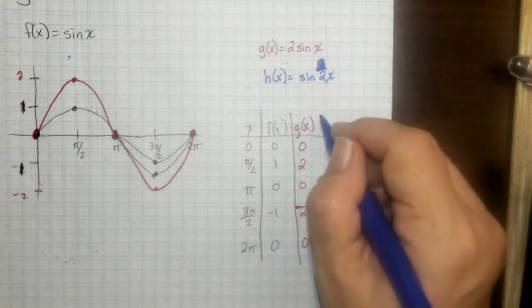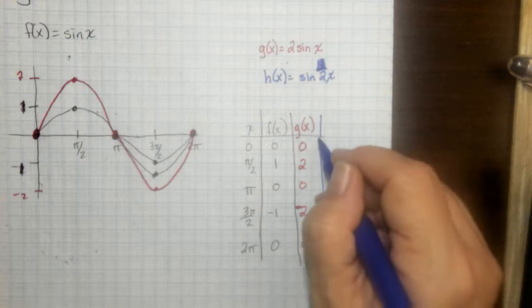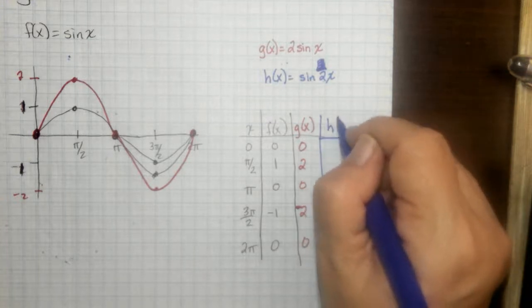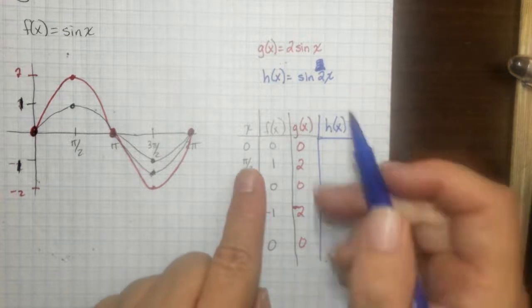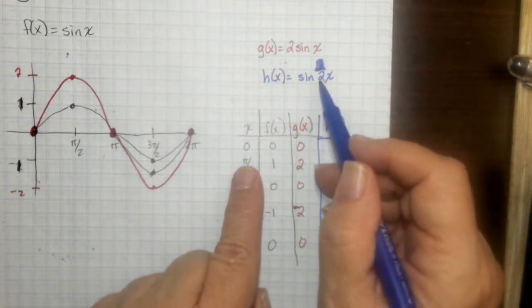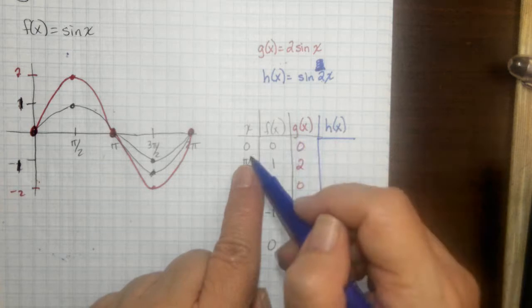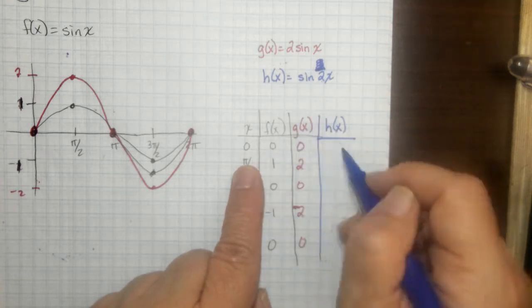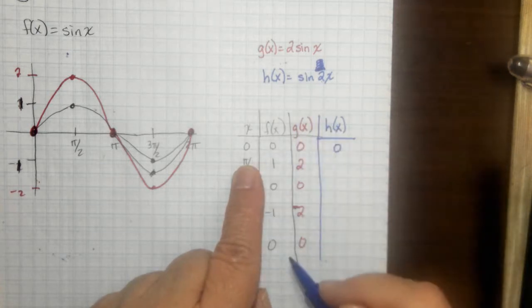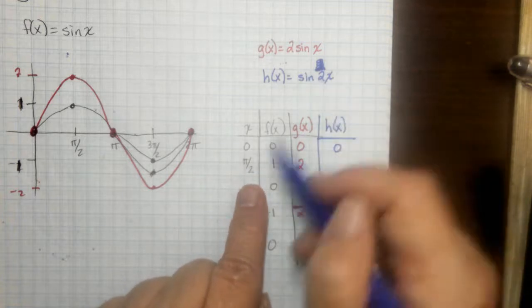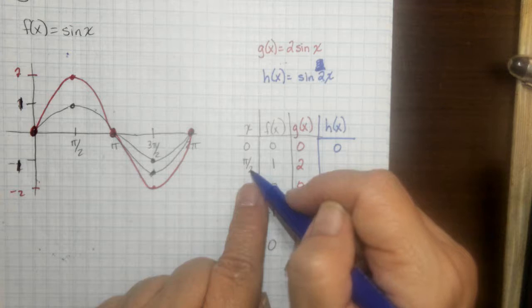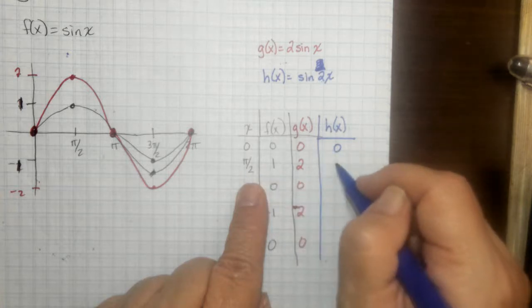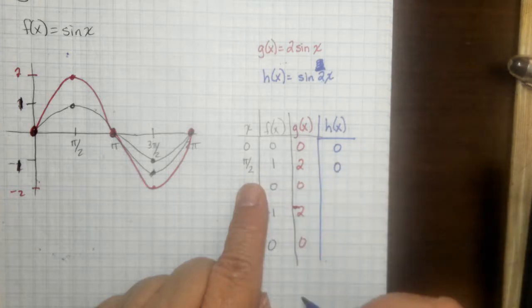But when we've got a sine function and we compress it, now I'm going to go like this. 2 times 0 is 0, and the sine of 0 is 0. But 2 times pi over 2 is pi, and the sine of pi is 0.